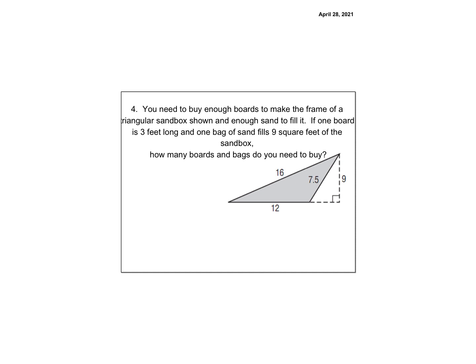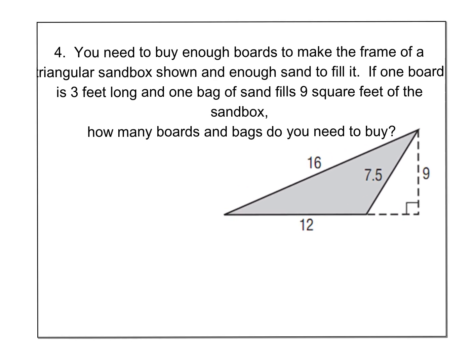All right, so a couple of word problems here. You need to buy enough boards to make the frame of a triangular sandbox and enough sand to fill it. If one board is 3 feet long and one bag fills 9 square feet of the sandbox, how many boards and how many bags do you need? So boards will be perimeter.